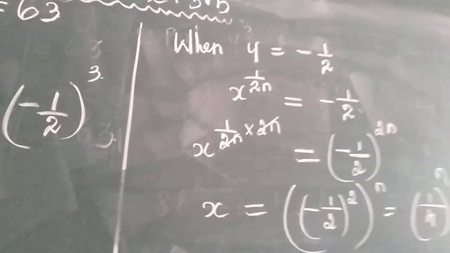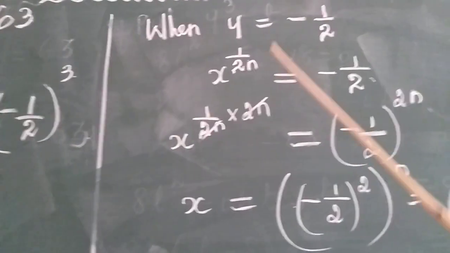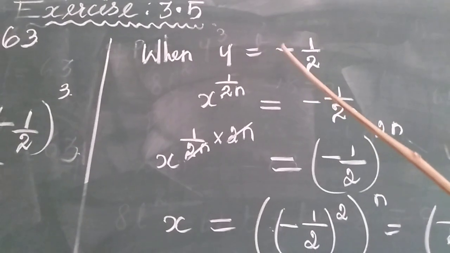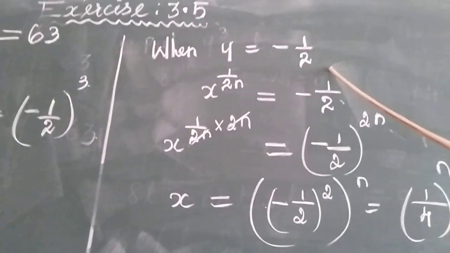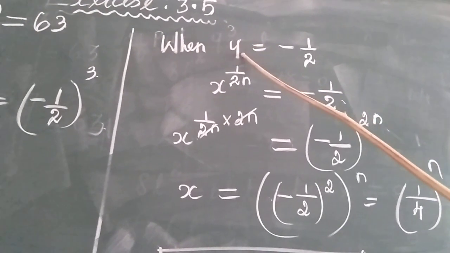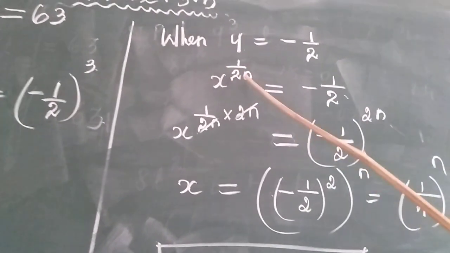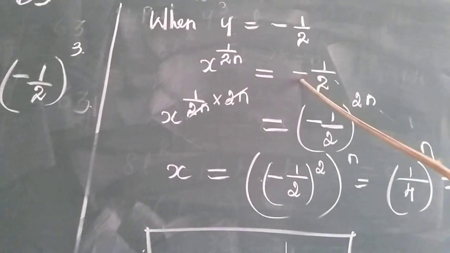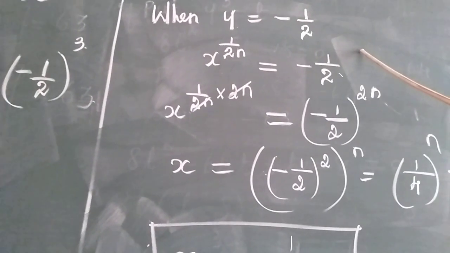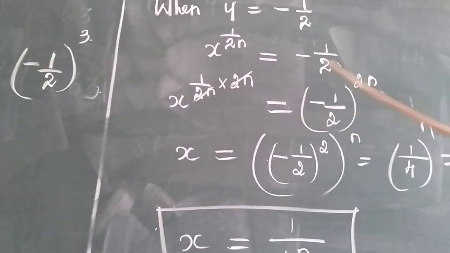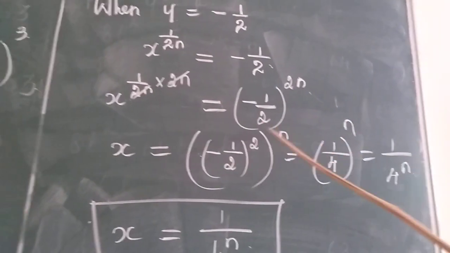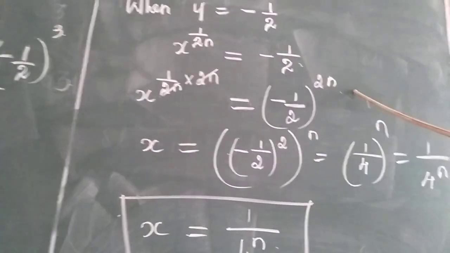The other value: we found the value for y in the second case. The value was y is equal to minus 1 by 2. Now here also we replace y with x power 1 by 2n, that is equal to minus 1 by 2. So here also both sides we are raising to the power 2n. If we raise to the power 2n, this 2n and 2n will be cancelled, and here we put the whole to the power of 2n.